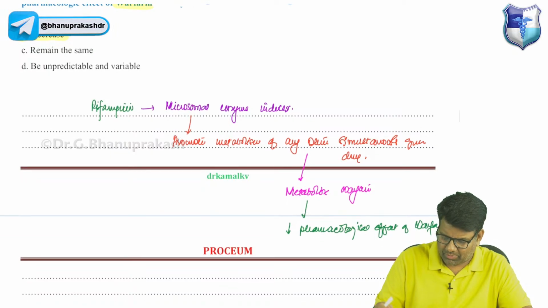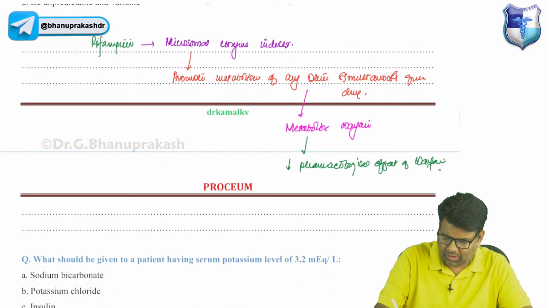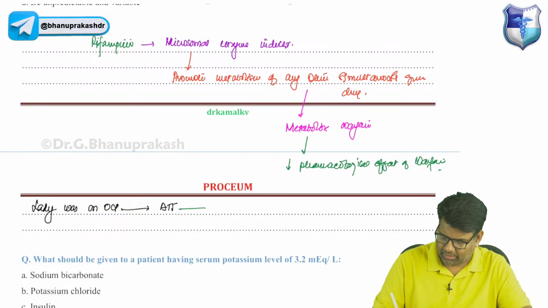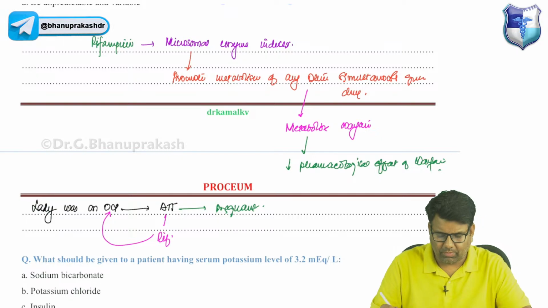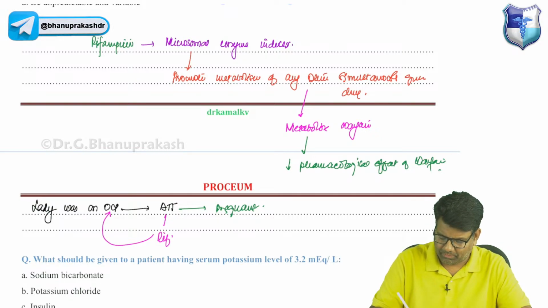And based on the same concept, there was one more question in which it was said that a lady was on OCP, then she was started with ATT, and she became pregnant. What is the reason? The reason is the same, that rifampicin, a microsomal enzyme inducer, led to the metabolism of OCPs and reduced their efficacy.